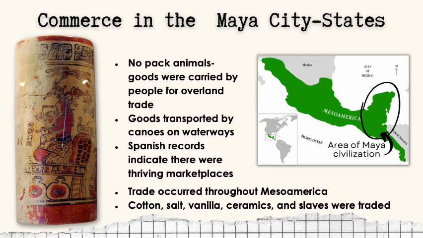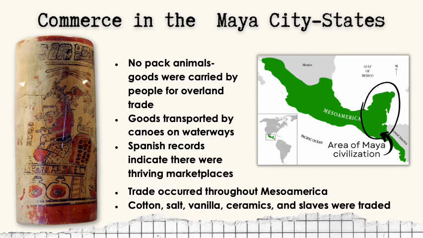That's the area of southern Mexico and northern Central America, which is defined by cultures that share certain characteristics, such as the Maya, Aztecs, and Olmecs, which are all part of Mesoamerica. But the Maya did not have advanced transportation systems or pack animals that could facilitate more substantial trade. Overland trade was executed by people on foot that carried goods, and trade via waterways was done by canoe.